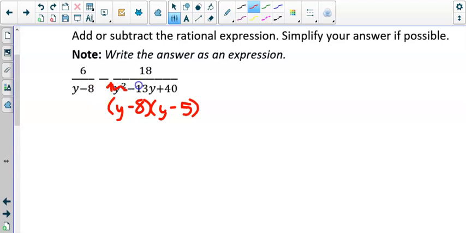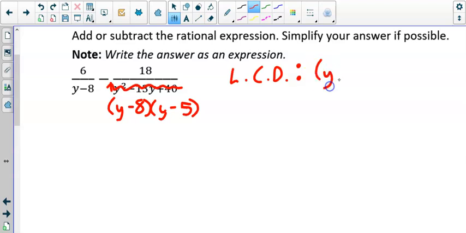So now we can find that common denominator, that LCD. So what is the LCD going to be between these two denominators? Y minus 8 and y minus 5.